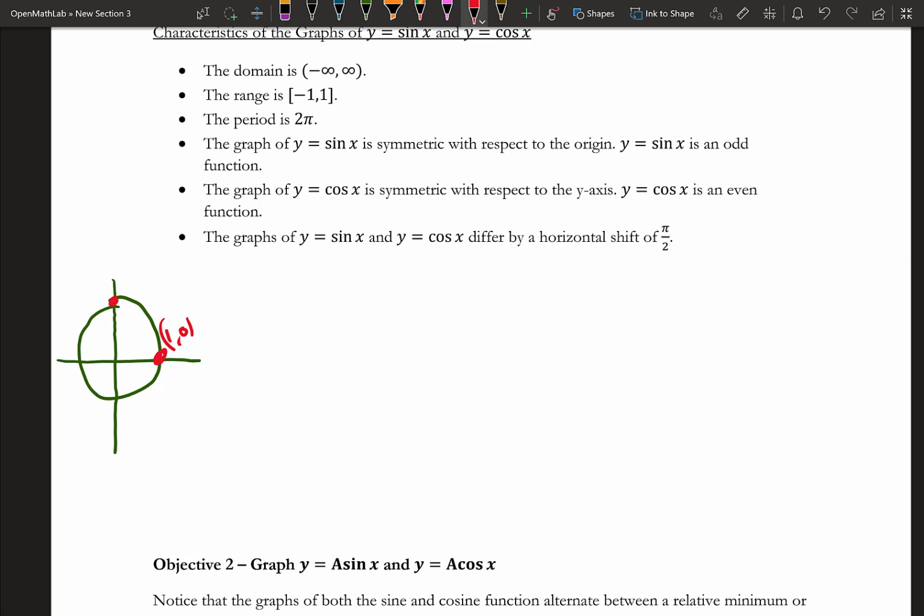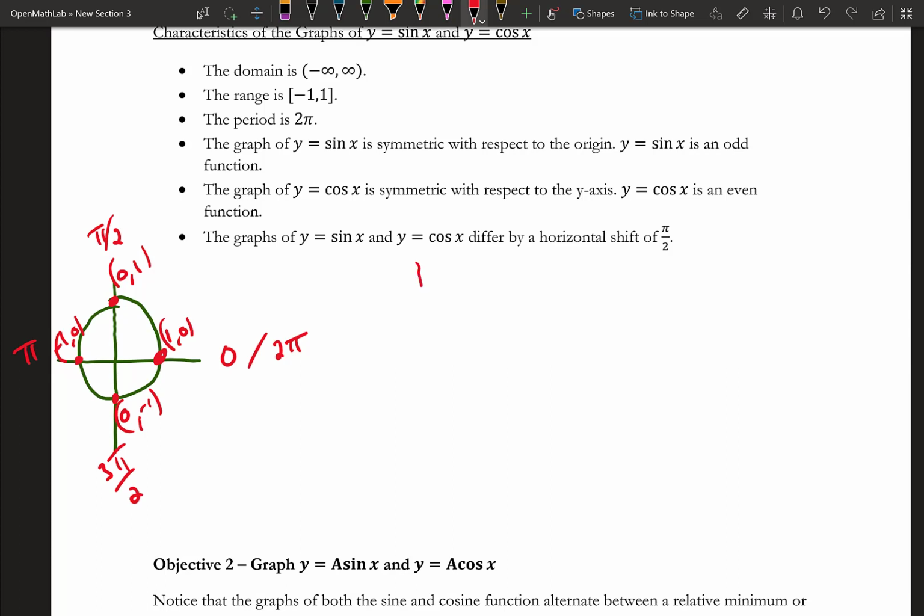This point here is 0, 1. This point is -1, 0, and this point is 0, -1. And if we label my angles, this would be 0 or 2 pi radians. Here, this is pi over 2. This is pi, and 3 pi over 2.